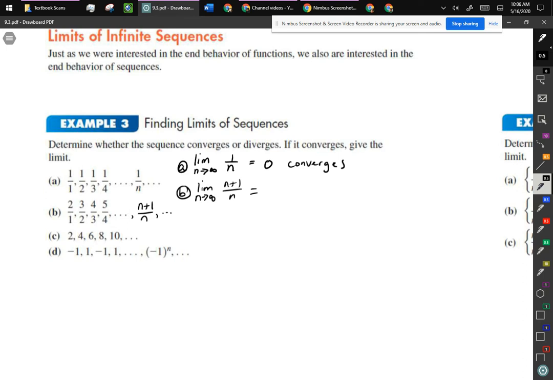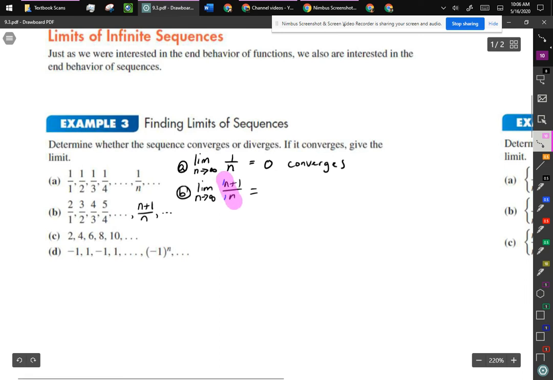So you would just take the coefficients, 1 and 1, and ignore the 1 because it doesn't matter. And even if there were other variables, you always look at the highest exponent variables, and in this case it's n to the first, n to the first. So it's not top or bottom heavy. Therefore, just take the coefficients.